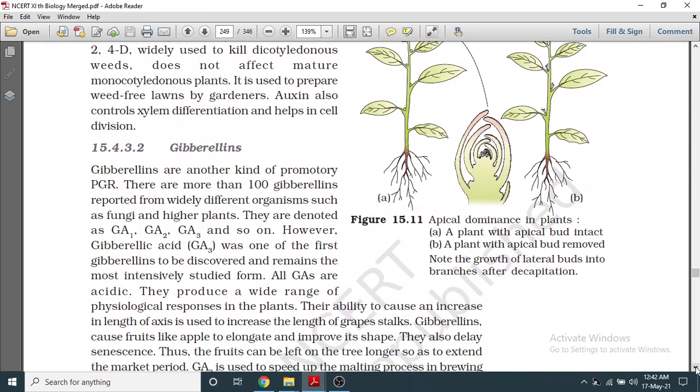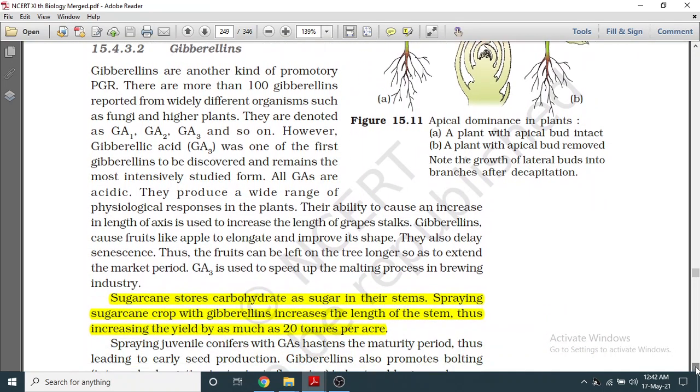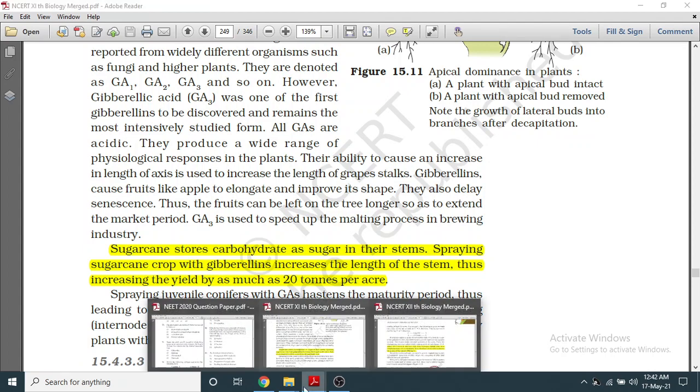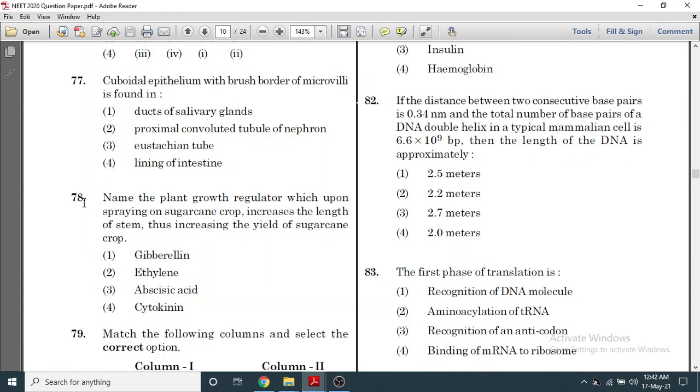In this section it is clearly written: sugarcane stores carbohydrate as sugar in their stem. Spraying sugarcane crop with gibberellins increases the length of stem, thus increasing the yield as much as 20 tons per acre. Question number 78, answer will be 1.